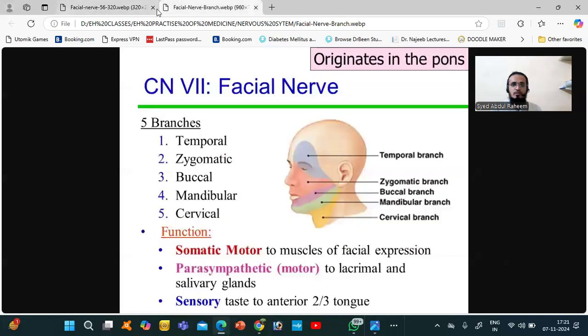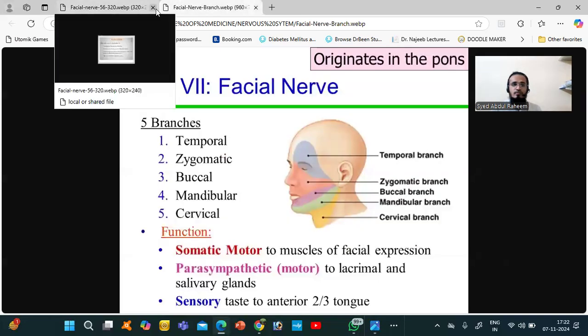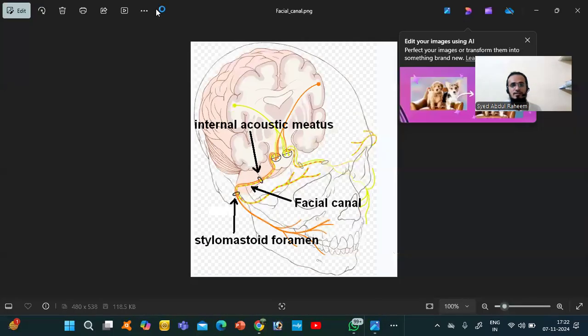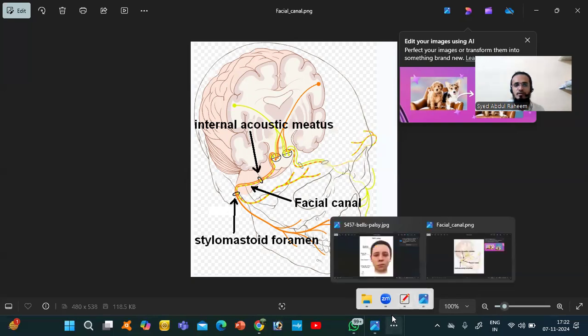Okay, so the function of the cranial nerve is ended. These are the areas where the cranial nerve is arising. Now come to the point.